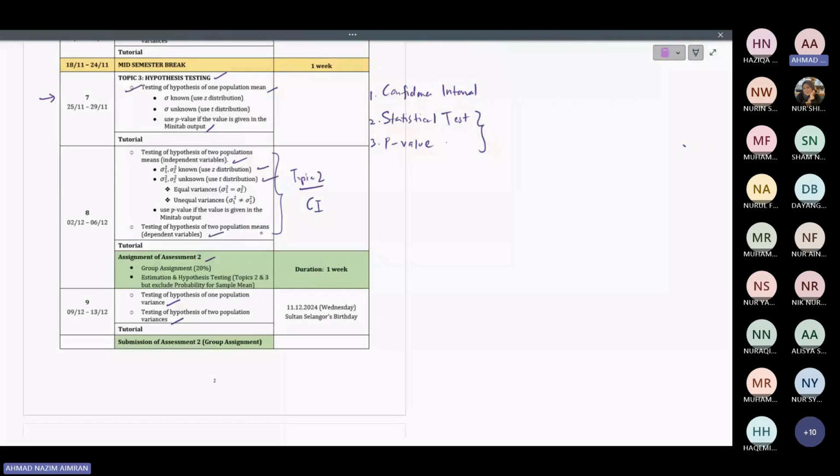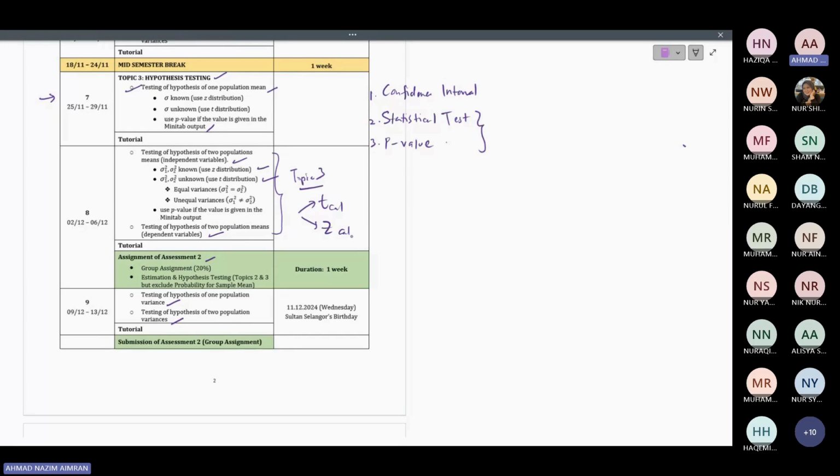But now, instead of calculating the confidence interval, in topic 3 we are discussing how to calculate the test statistics by using T calculated or Z calculated, depending on the case, whether the standard deviation or variance of the population is given or not given.